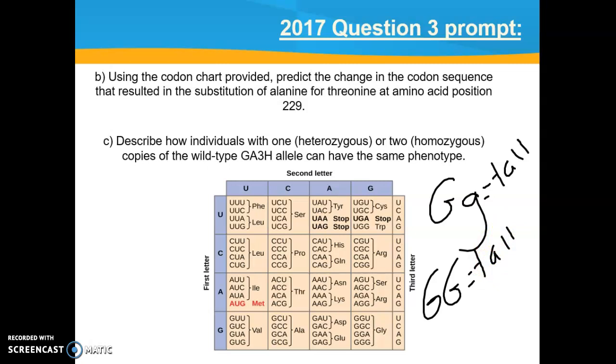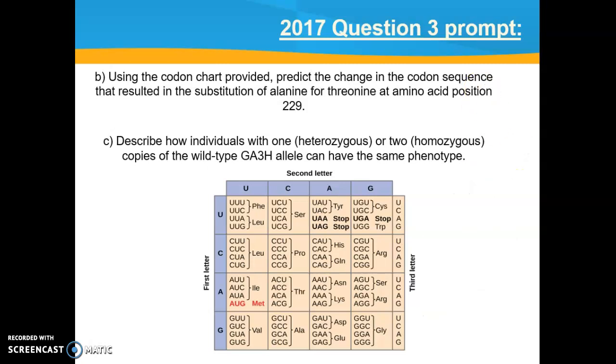So they're asking how does that work? And what they really want you to think about is that as long as you're getting 1 copy of that good allele, you're going to have enough enzyme to make gibberellin. So just because we have a mutated one right here, that doesn't mean anything. Just because we have 1 copy of it, it's still going to have the enzyme created to make the gibberellin.